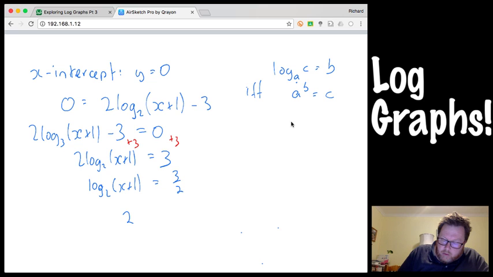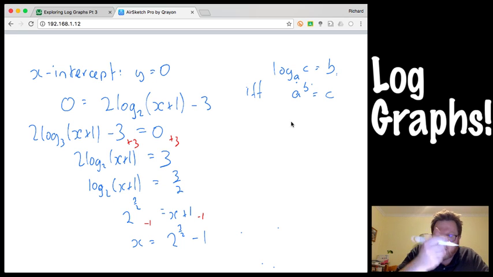So it's 2 to the power of 3 halves is equal to c, which is x plus 1. Okay, which is good, because that means that x is equal to 2 to the power of 3 halves minus 1. And how did I do that? I subtracted 1 from both sides and then flipped the equation. Okay, so that's good. We can do that.